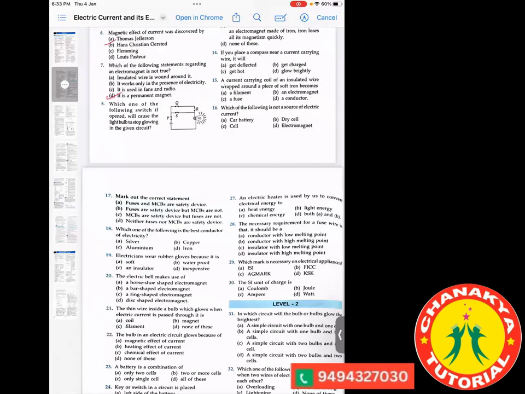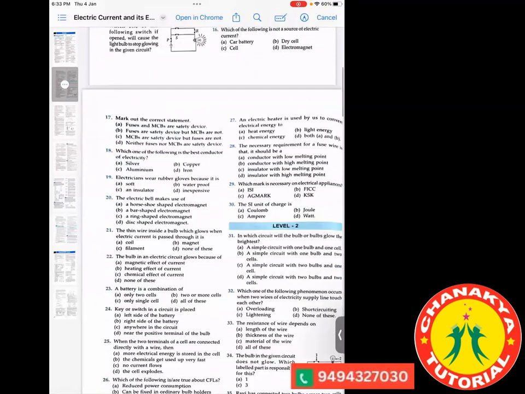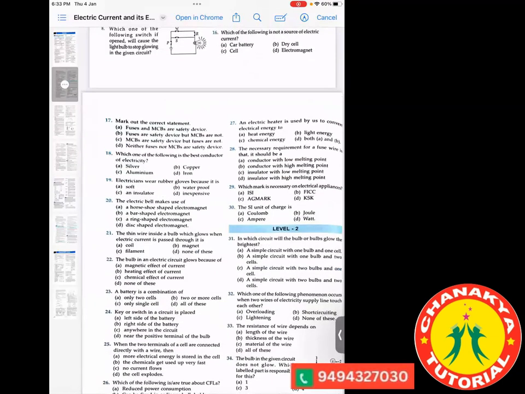Yes, correct. So what will happen if we cover a soft iron piece with a current carrying coil of wire? It becomes an electromagnet. Question number 16, Varshit. Which of the following is not a source of electric current? Ma'am, I think option B, dry cell.